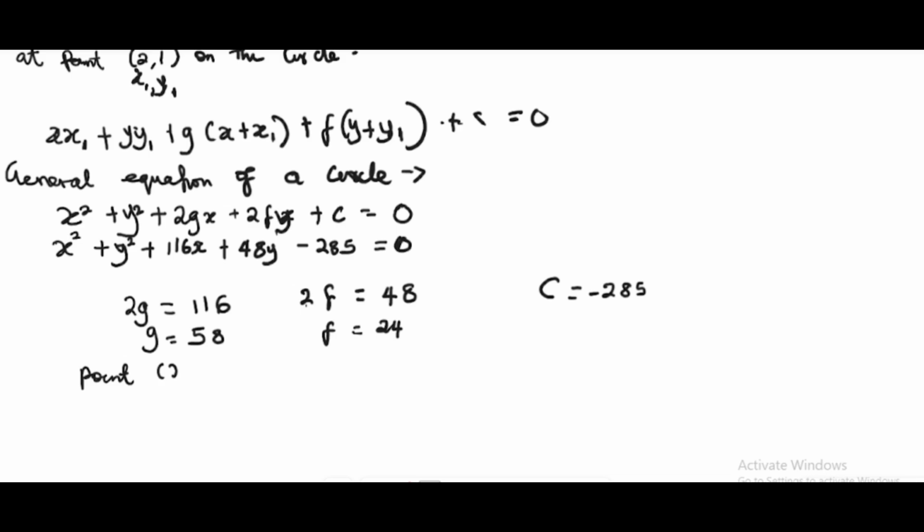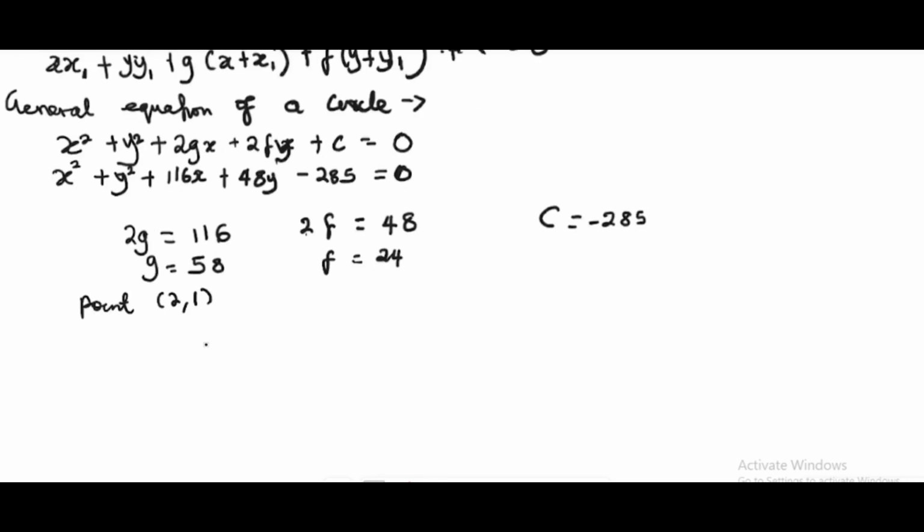So substituting into that equation of tangent to a circle, our x1 is 2, so we'll have 2x plus y times 1, we'll have y, plus our g is what? 58. 58 into x plus 2, plus 24, 24 into y plus 1, minus our c, which is 285, is equal to 0.